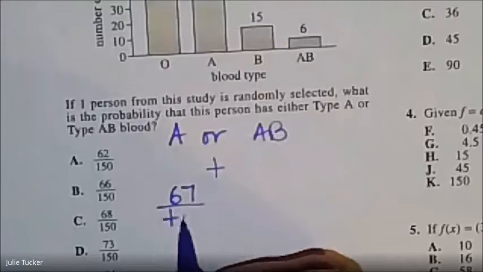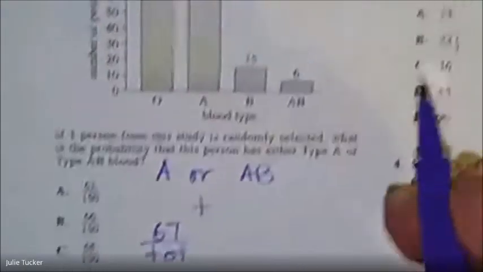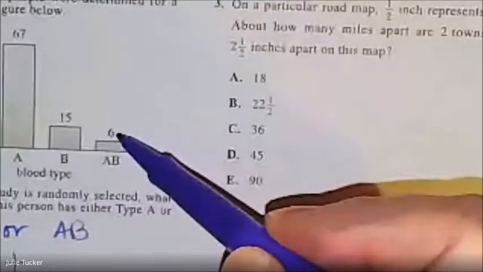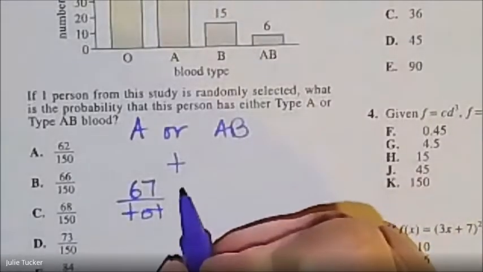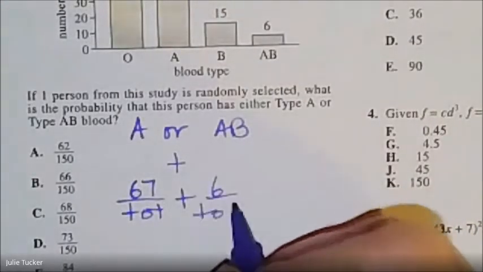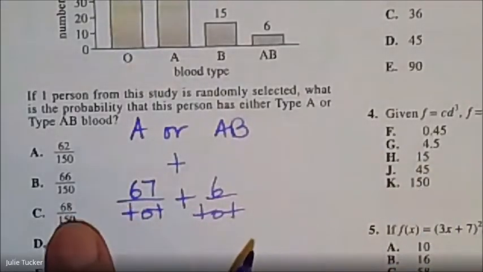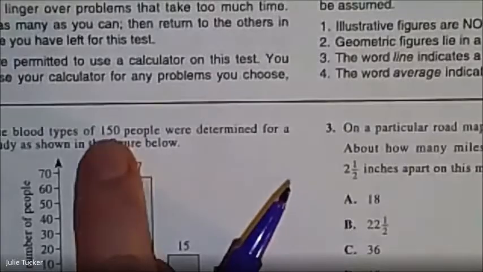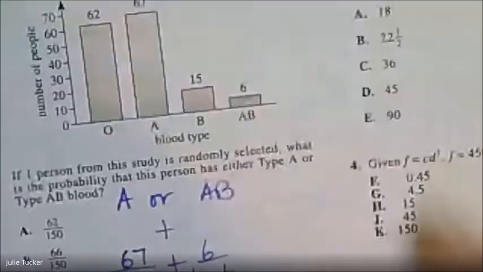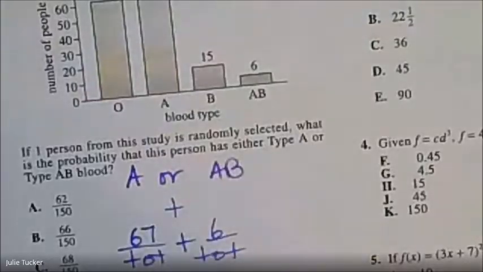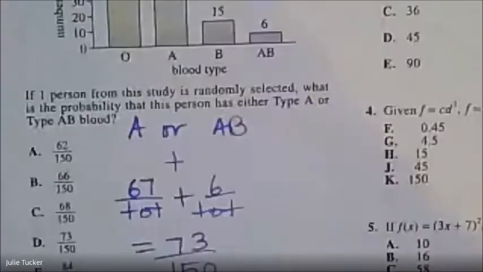And then you also have the AB is 6 out of it. So you have to go 67 out of the total plus 6 out of the total. So we need the total, all right? They told you the total at the top of the problem, so you don't have to add it up. 150. So 67 plus 6 is 73 out of 150. Okay?